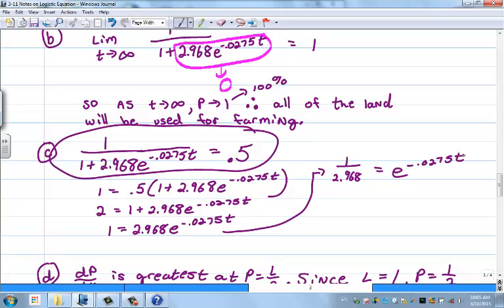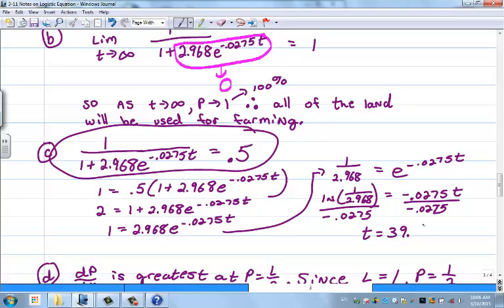Taking the natural log of both sides, we get the natural log of 1 over 2.968 equals the natural log of that, which just yields negative 0.0275 t. Dividing by negative 0.0275, you get t equals 39.6 years.